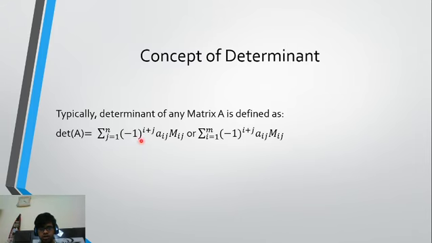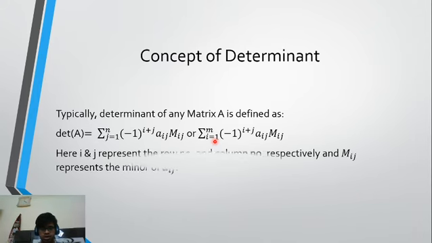So for an n into n order matrix, we can calculate the determinant from the first row, second row, third row, whatever row we like, and similarly from any column, maybe the first column, second column, or nth column.